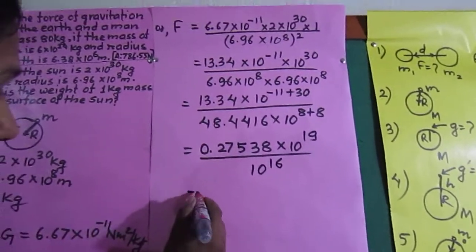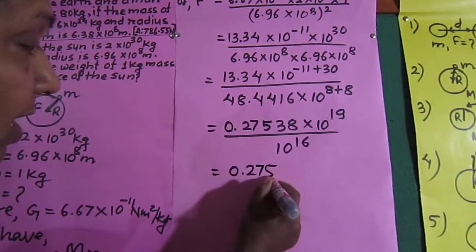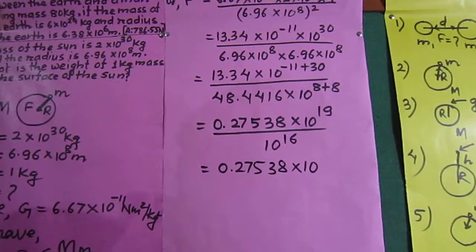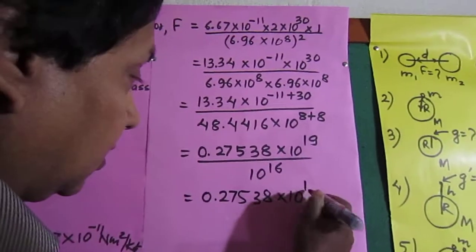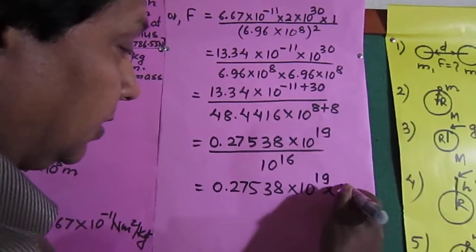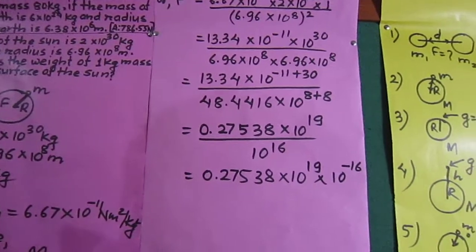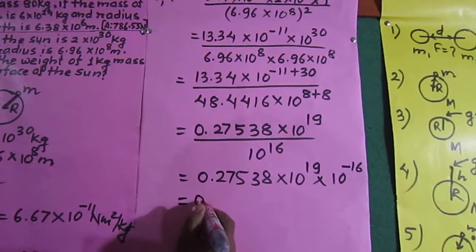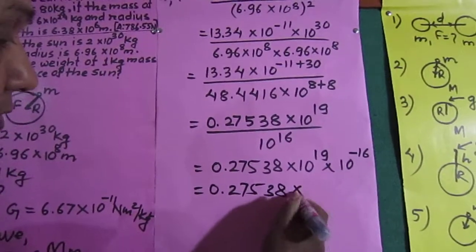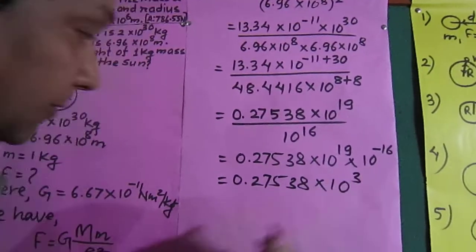Now this is equal to 0.27538 into 10 to the power 19. When 10 to the power 16 goes up, the power becomes negative, minus 16. This is equal to 0.27538 into 10 to the power 19 minus 16, which becomes 3.